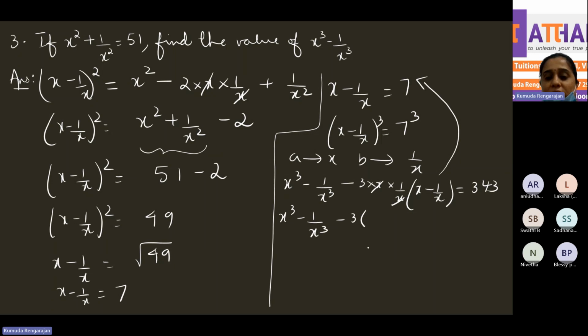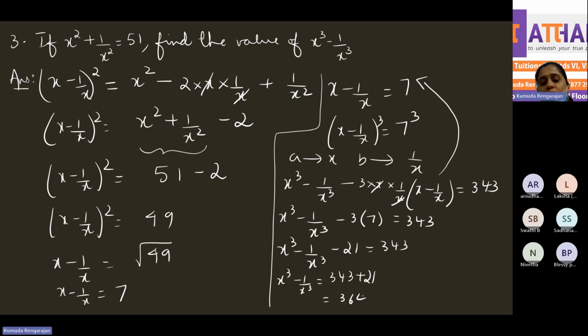So put that, it is equal to 343. So x cubed minus 1 by x cubed minus 21 is equal to 343. So x cubed minus 1 by x cubed is equal to 343 plus 21, which is 364.